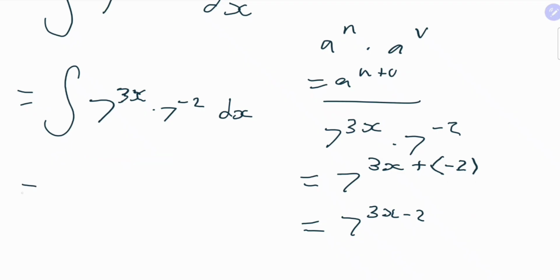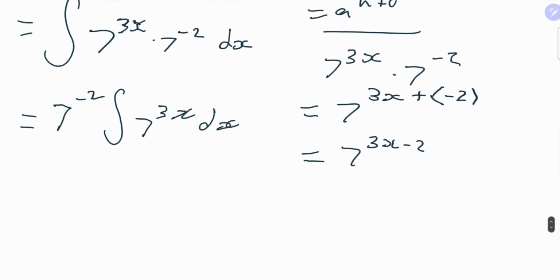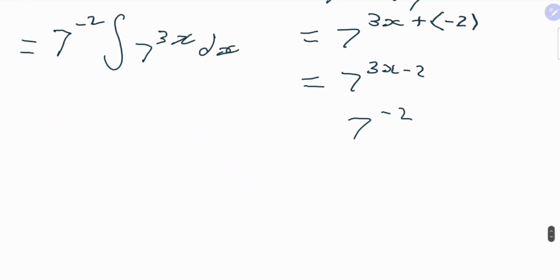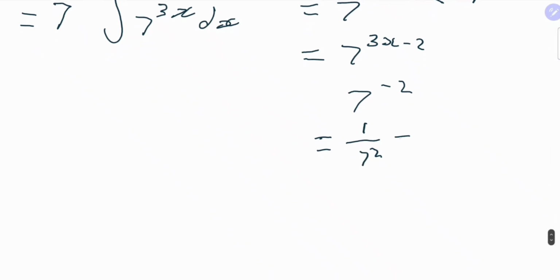Let's do that. So that equals 7 to the negative 2 times the integral of 7 to the 3x dx. Now we can simplify the 7 to the negative 2. So 7 to the negative 2 equals 1 over 7 squared, which equals 1 over 49.